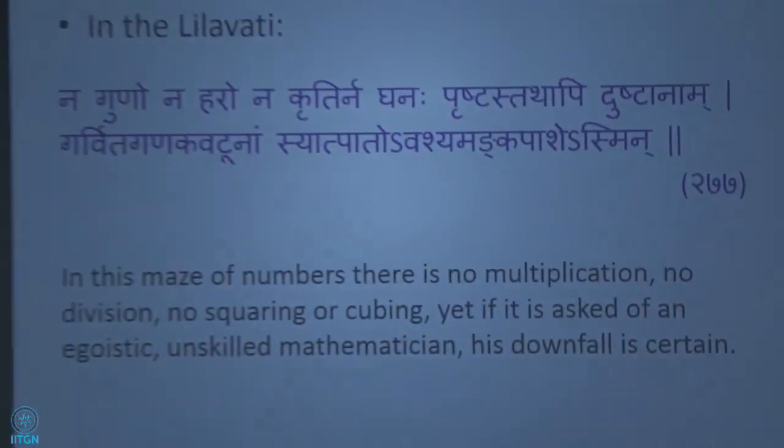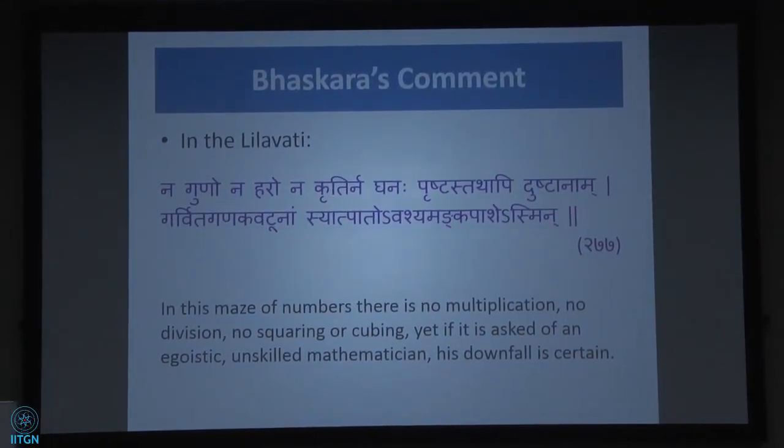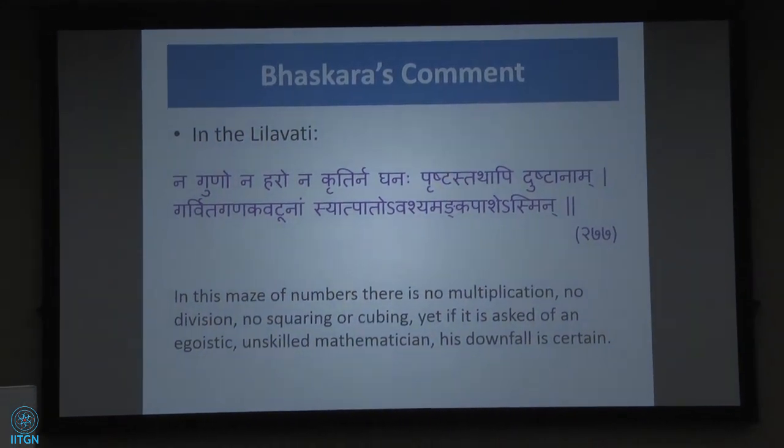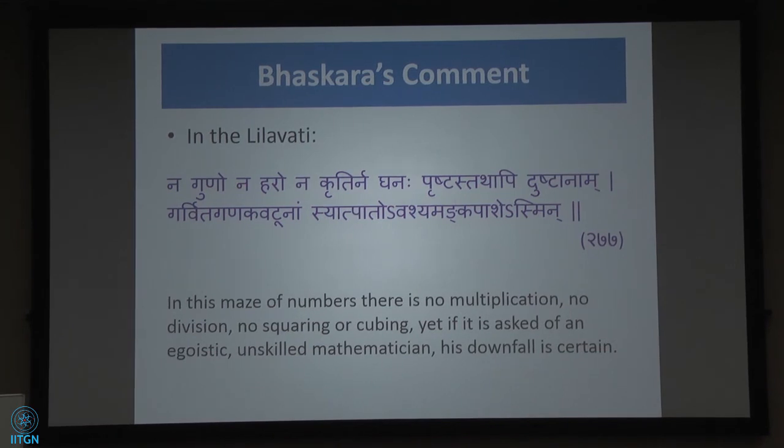Which says, in this ankapasha, this snare of numbers, which is what he's referring to when he's talking about combination problems, there is no heavy-duty multiplication or division, no squaring or cubing. But still, if you put this question to an arrogant but unskilled mathematician, it's sure to cause his downfall. So it makes the kids feel pretty good, and I tell them to take that as a pat on the back from a mathematical genius of 800 years ago.